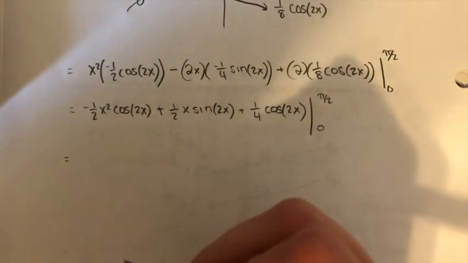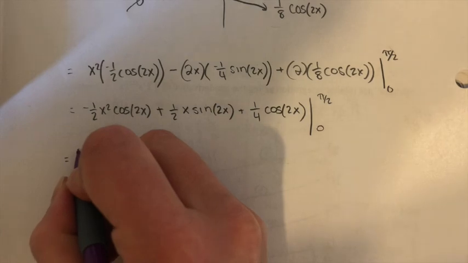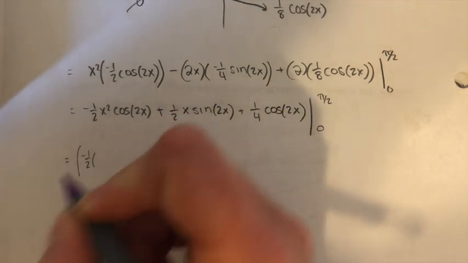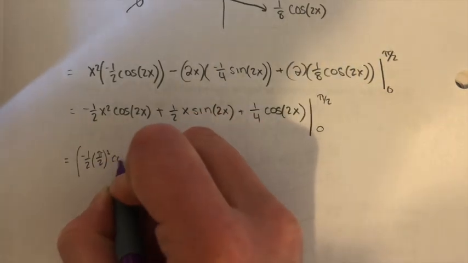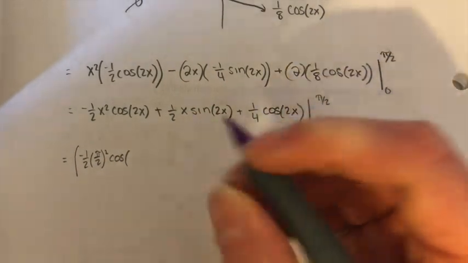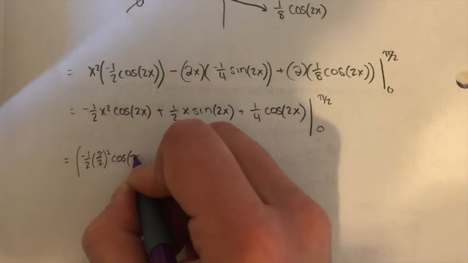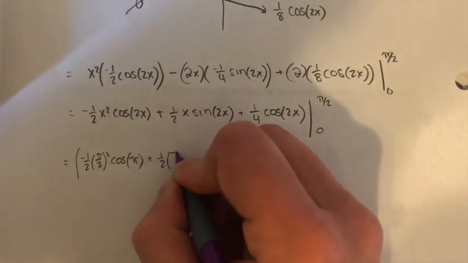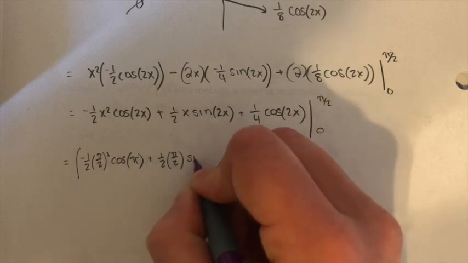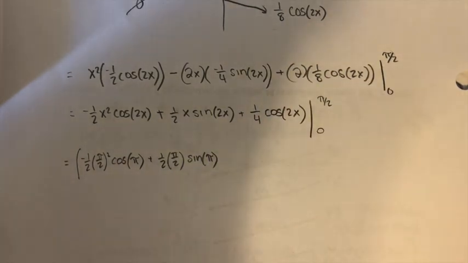Okay, so we're going to have a negative 1/2 pi over 2 squared. And then cos of 2 times pi over 2 is just pi. Plus 1/2 pi over 2 sine of pi.